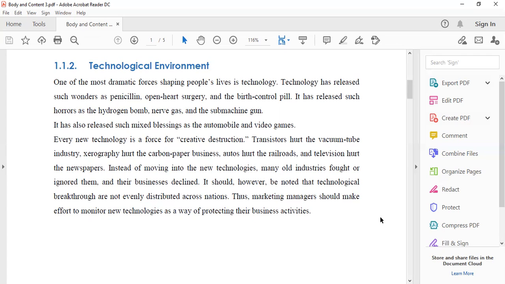But while technology kept moving from Java phones to Android phones, they were left behind because they didn't move with the trend. And then we started having other brands like Tecno, Xiaomi, taking over the market. That's technology affecting business operations.